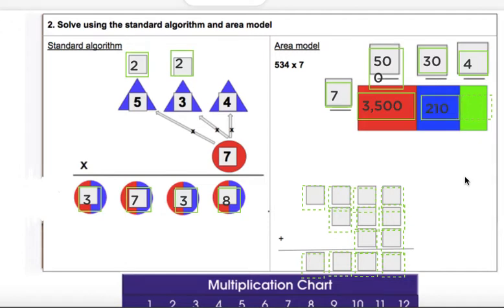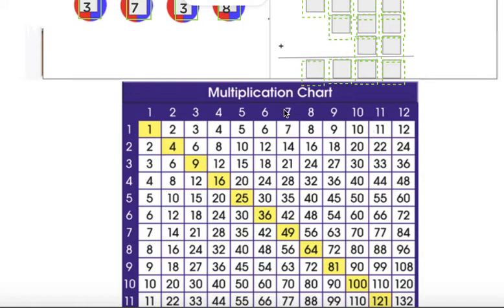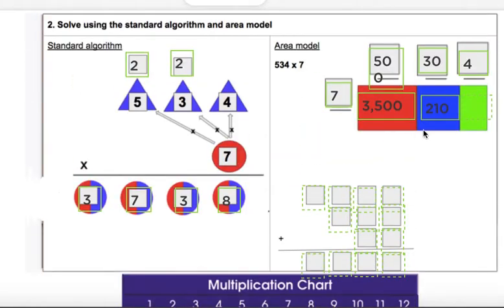Good, 210. All right, here we go. Here's our ones place. 7 times 4 ones. Let's start with 7 times 4. Here's my 7. Let's count down 4. 1, 2, 3, 4. What's 7 times 4? Good, 28. And because I'm in the ones place, we're just going to leave it at 28.